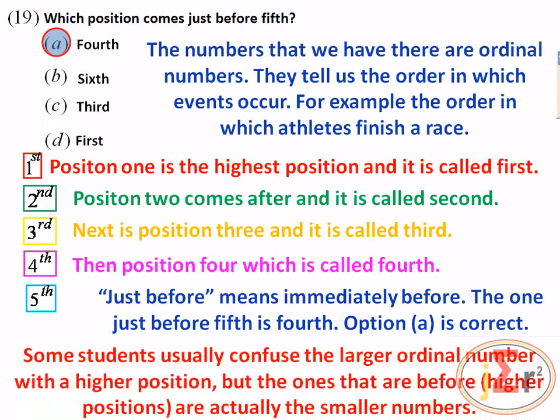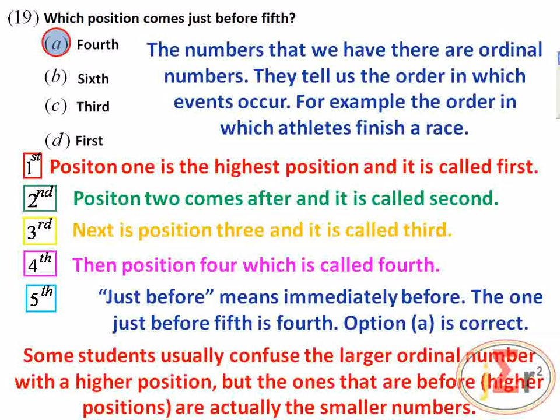Some students usually confuse the larger ordinal numbers with a higher position, but the ones that are before are actually the smaller numbers. So if you finish high up in a race, is your number going to be small or large? Small. Right. If you finish high in a race, then your ordinal number will be small.